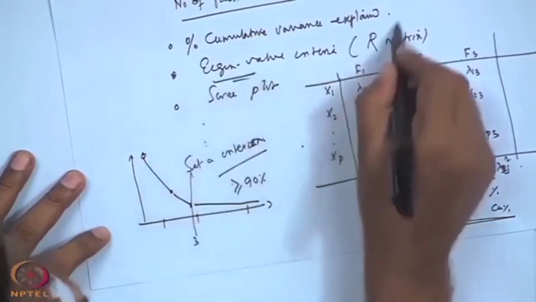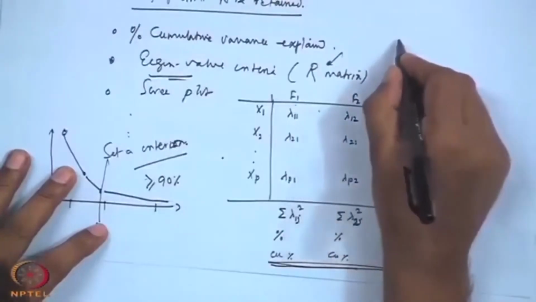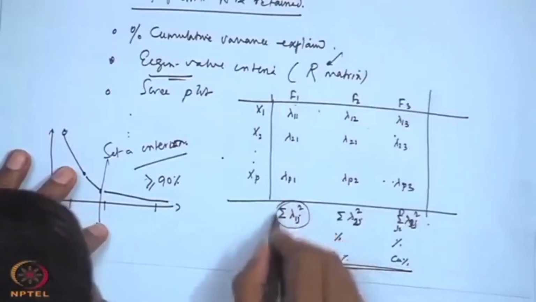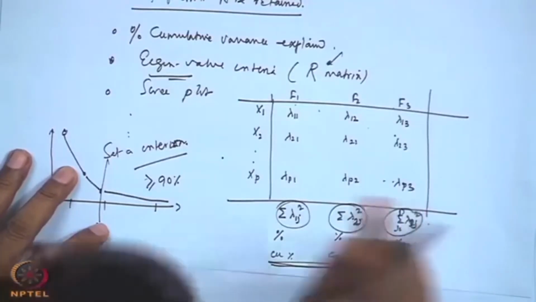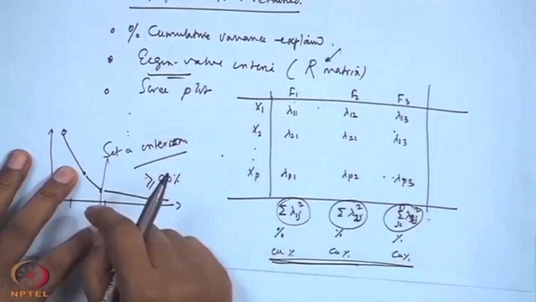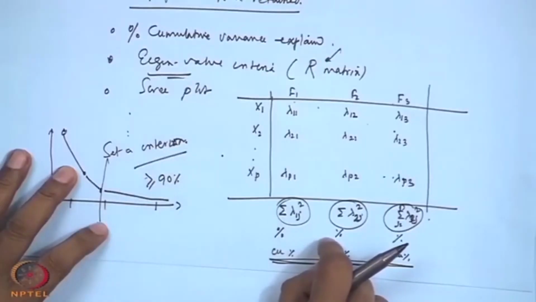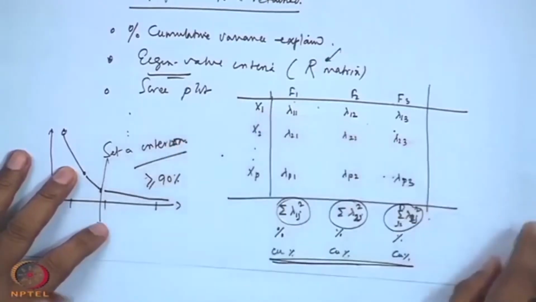When you use the R matrix, those eigenvalues which are more than 1 you consider, so that at least one variable's variability will be explained by the factor. This is similar to principal component analysis, how many components you want to keep.